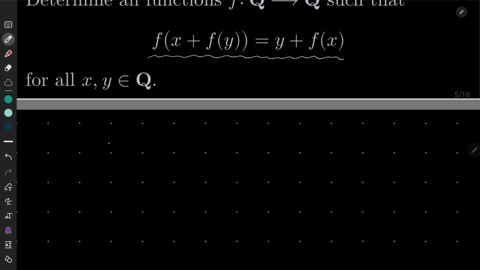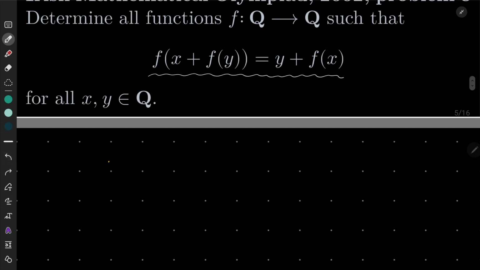So first of all, let's plug in x equals 0. For x equals 0, what do we get?